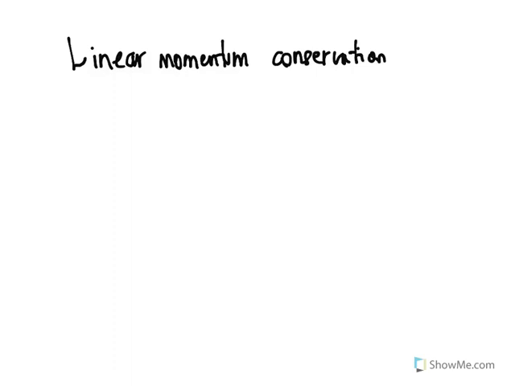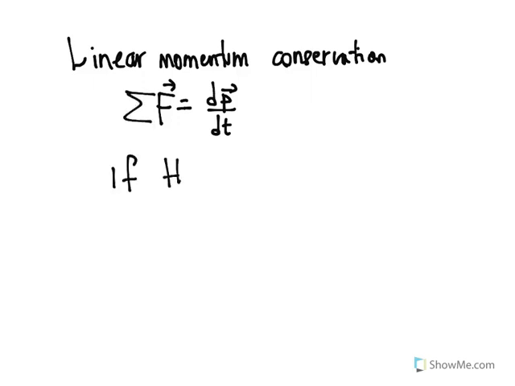We stated previously that the force is equal to the change in momentum over time. So this is Newton's second law, and this is the sum of forces. What happens, for instance, if the sum of forces is in equilibrium?